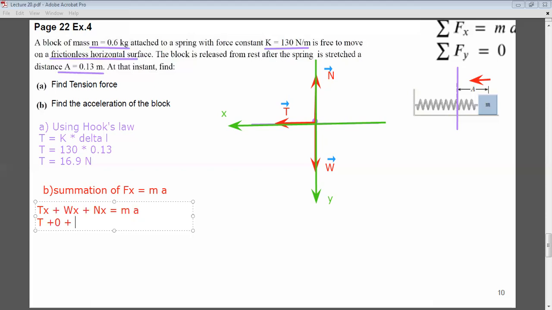Plus Nx is also 0 because it's along the y-axis. This is equal to m times a. So acceleration is equal to T divided by m. Acceleration is equal to T, 16.9, divided by m, which is 0.6 as given. Acceleration equals 28.16 meters per second squared.